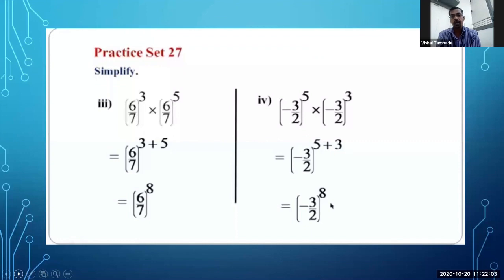If the operation between them is division, you have to subtract it. But here according to the law, our operation between the two numbers is multiplication. We have to add the power. That's why we take 6 upon 7 one time and add the power, 3 plus 5, it's 8. Then our value is 6 upon 7 raised to the power 8.